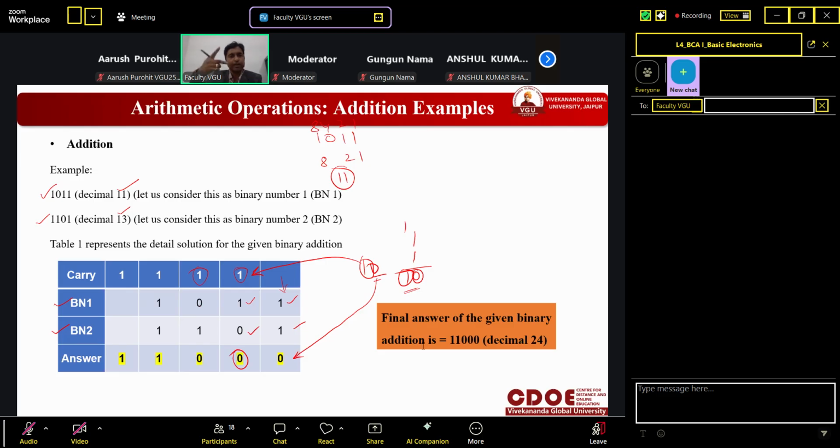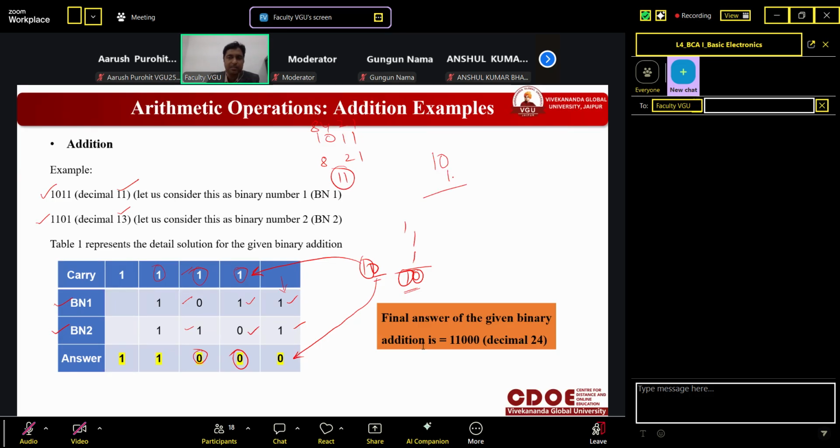Again, now including carry, there will be 3 bits, two of these two numbers, and this is the carry. So if you have two ones, the answer will be 1, 0. So you write 0 here and 1 in carry. Now you have three ones. So what will happen? The output of the sum of two ones is 1, 0, and the third one will be written here.